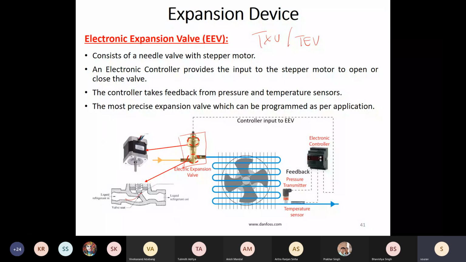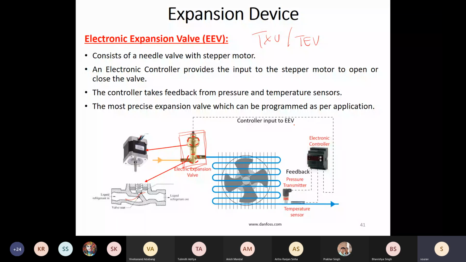This is like your tap. Just visualize this valve like a tap where you open or close based on your desire of having the water flow rate. So instead of you rotating the head of the tap, you have a motor sitting on top and it will rotate the stem. Okay, now this is the valve portion.